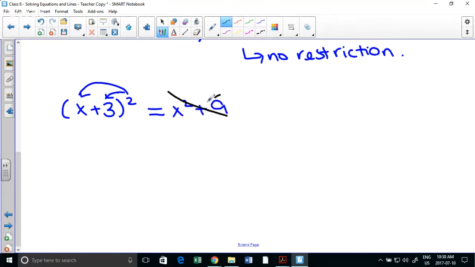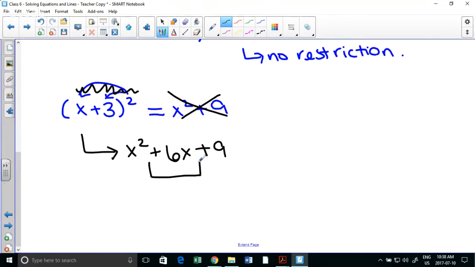That is not the case. You cannot just distribute this in like that. This is a perfect square trinomial, which means I have x squared plus 3 times x, which is 3x, times 2, which is 6x, plus 9. You have to have this middle term for a perfect square trinomial.